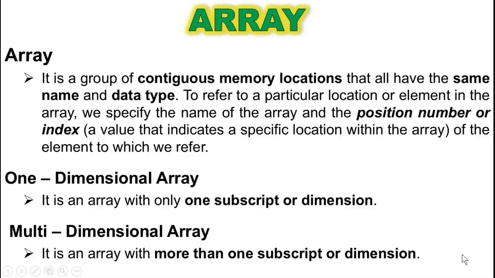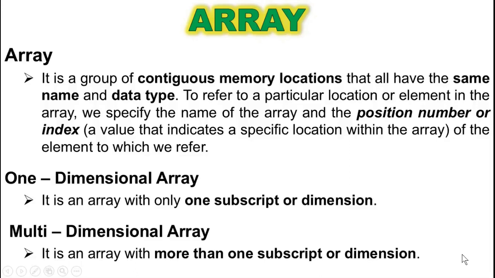An array is a group of contiguous memory locations that all have the same name and data type. To refer to a particular location or element in the array, we specify the name of the array and the position number or index, a value that indicates a specific location within the array of the element to which we refer.